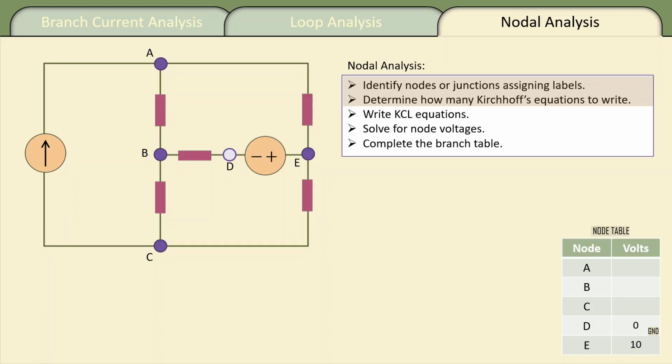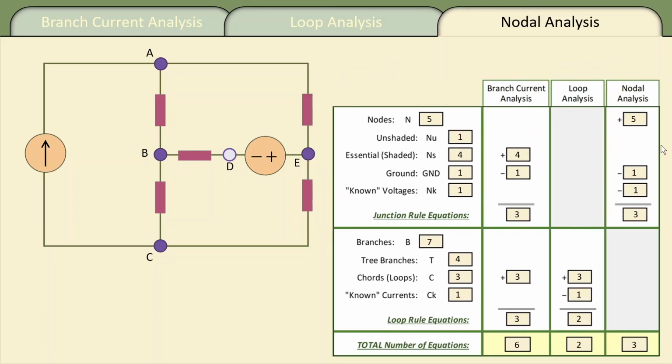Now, how many equations and what kind of equations do we write? Here's again a side-by-side comparison of our methods, and you'll see that for nodal analysis, we only write junction rule equations. We don't have to write any loop rule equations. We take the total number of nodes, 5, subtract 1 for ground, and we can take advantage of that known 10 volts, subtract 1 for the known voltage source, and that leaves us with 3 equations.